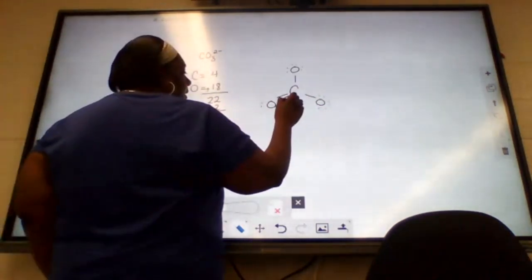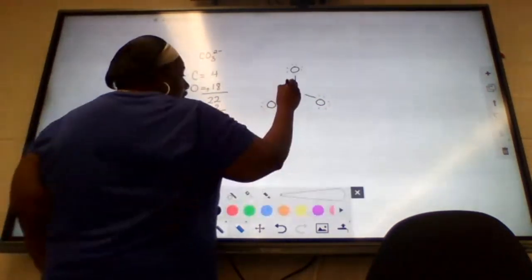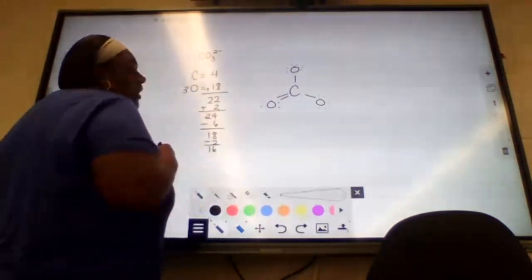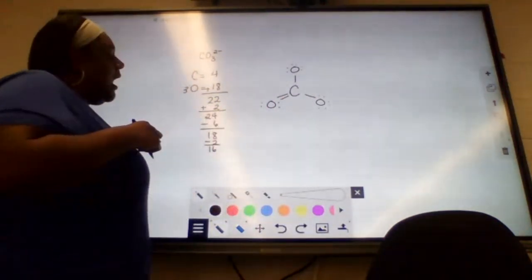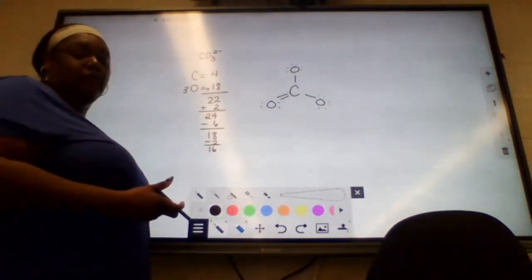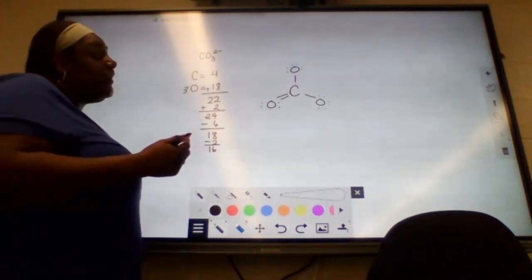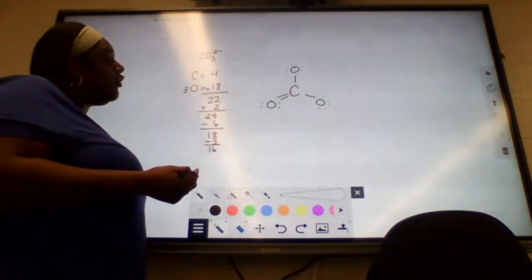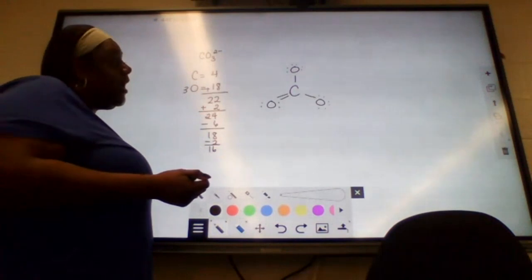Now, this problem is very much like the one that we did with compounds. In how you draw the structures, there's only one difference when you're drawing the structure for an ion on paper.